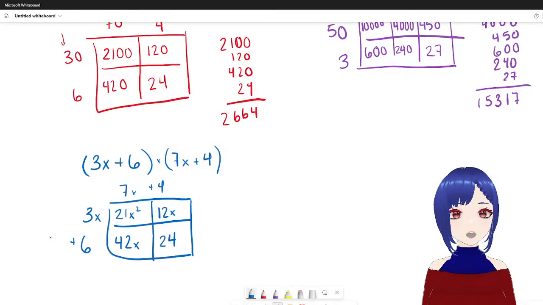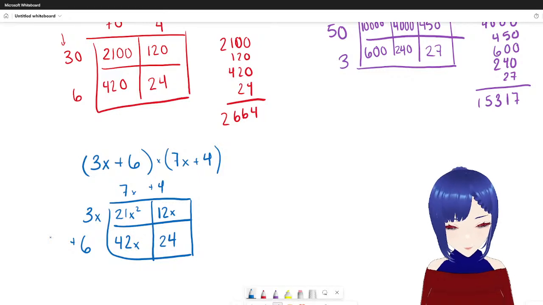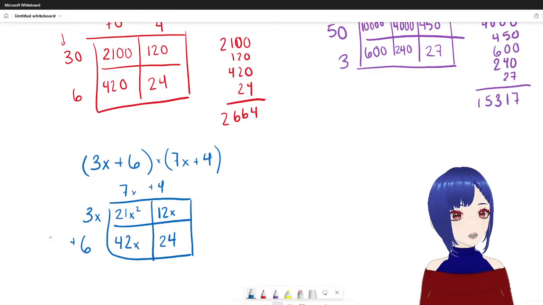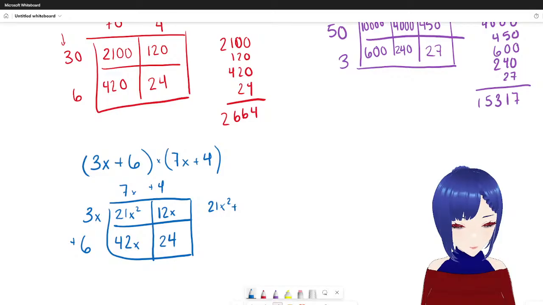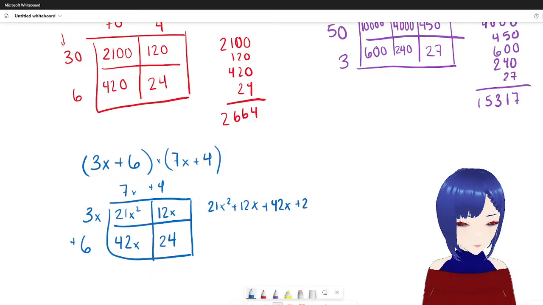With this one, it is okay to do a string of addition instead of the vertical addition, like I did with the numbers. So we would bring out what we have: 21x squared plus 12x plus 42x plus 24.